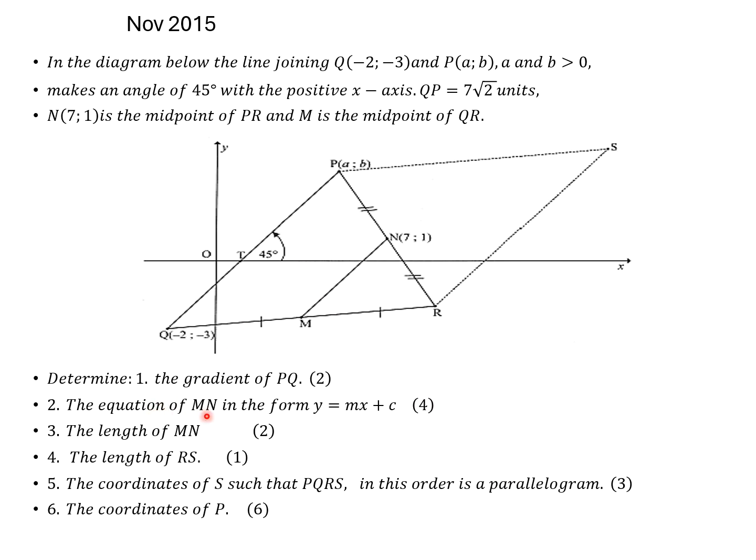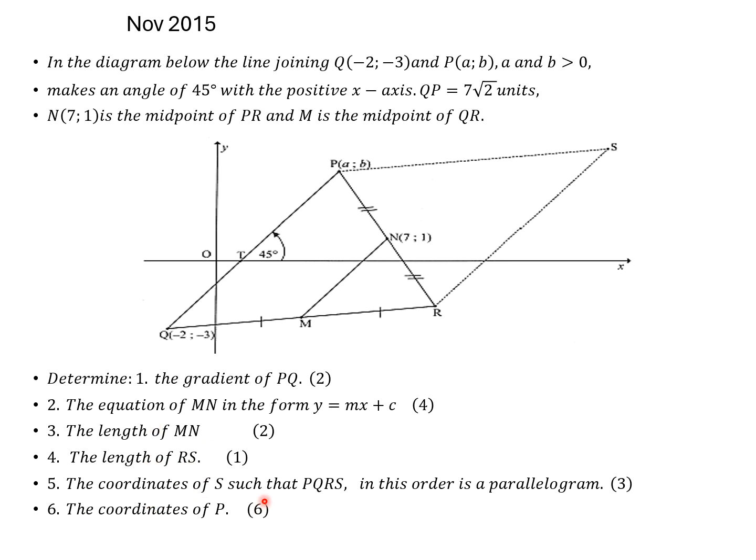Then we want the equation of MN in the form y = mx + c. I assume you still remember your grade 10 midpoint theorem: if that line cuts in such a way that two sides are the same and the other two sides are the same, then this line must be parallel to that and half the length of that. Then they want the length of MN, then the length of RS.